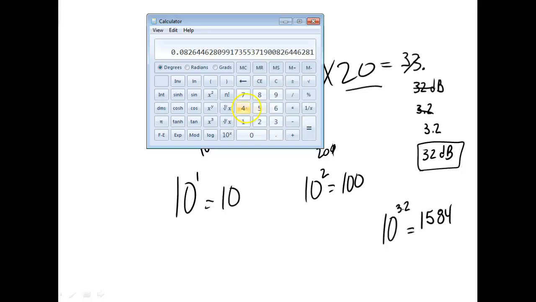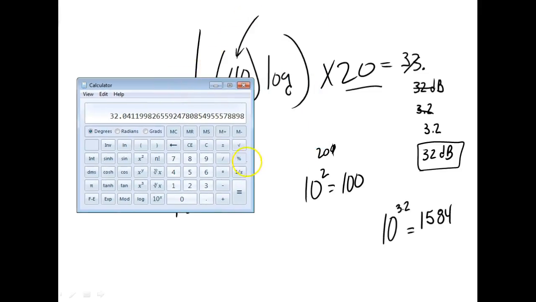I'm going to take 40. I'm going to take the log of that, right? Okay. And I'm going to multiply that times 20. Then what I'm going to do, something's wrong. So let's say we take this and divide it by 20 and then raise 10 to that power.